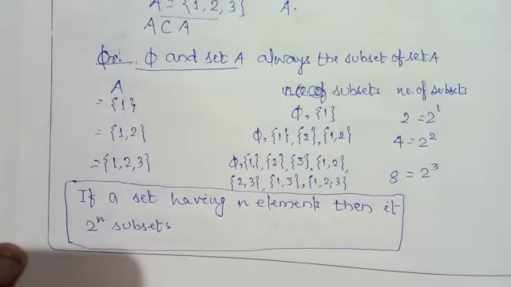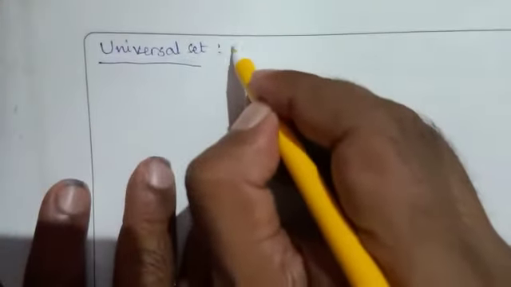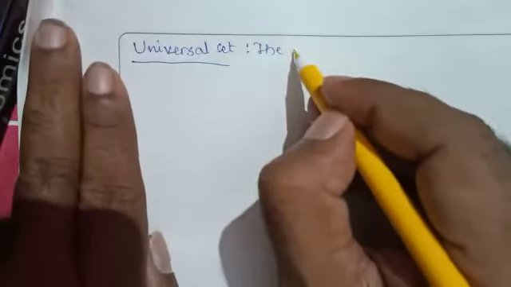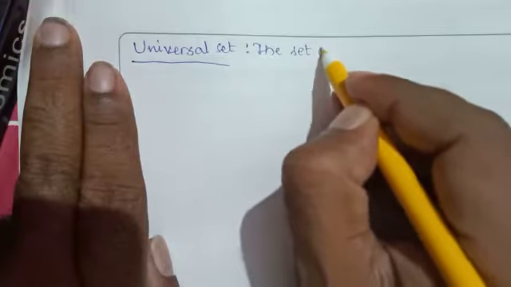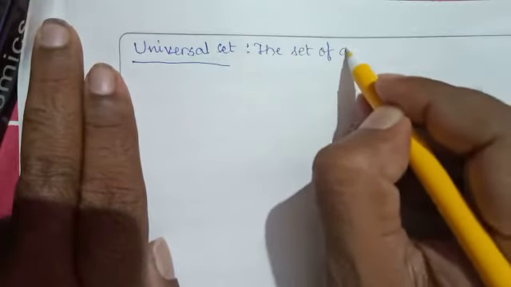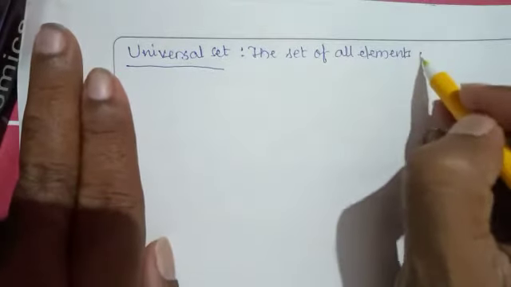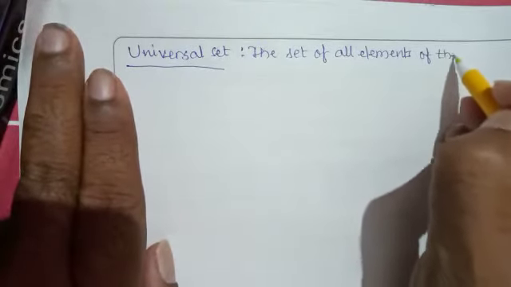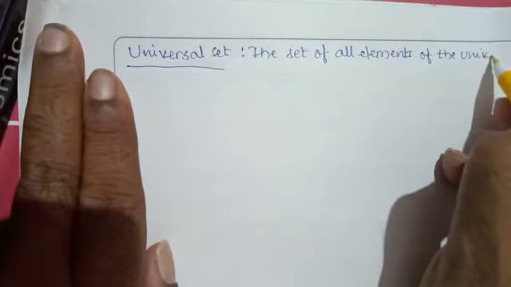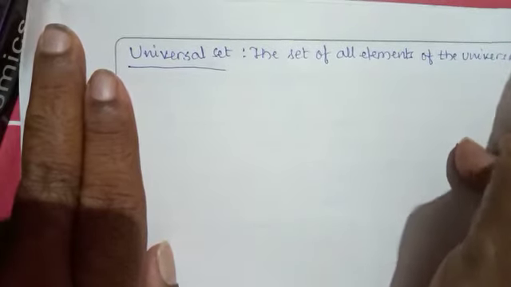Now see further. Universal set. It is quite obvious from the name that universe means the set of all members of the universe. The set of all elements of the universe is called the universal set.